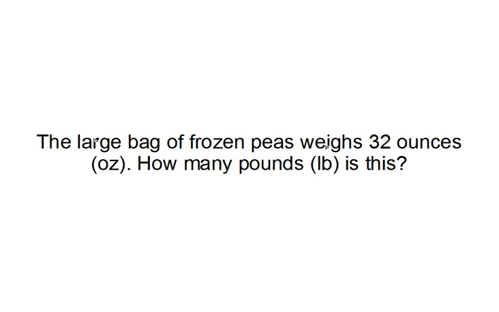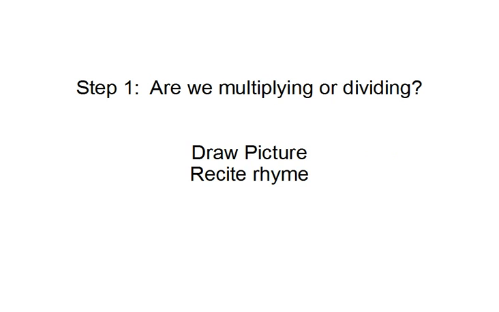Let's do another one. A large bag of frozen peas weighs 32 ounces. How many pounds is this? Now, are we multiplying or dividing? Well, I can draw a picture, I can recite a rhyme, or I can check my notes.